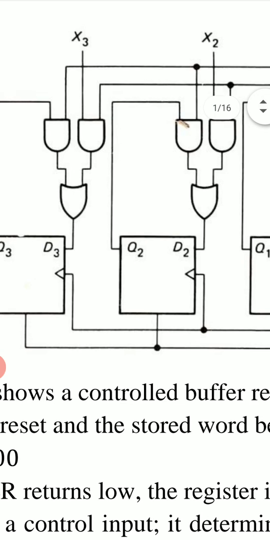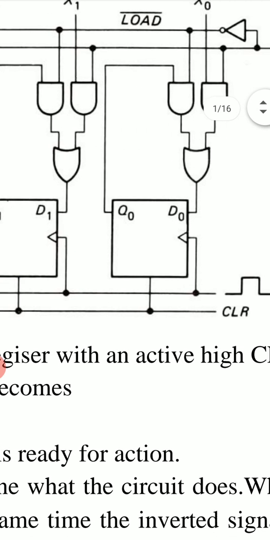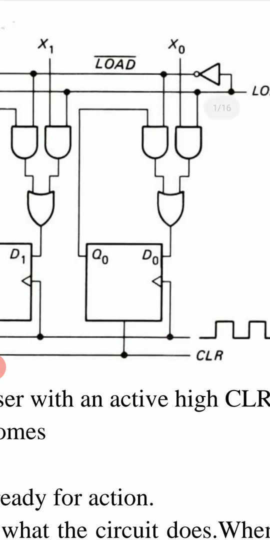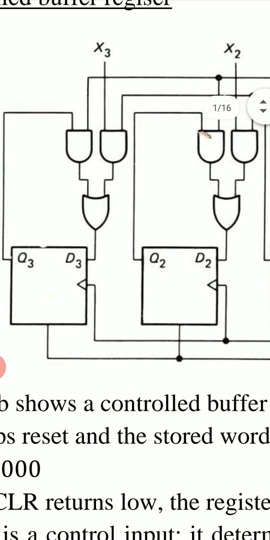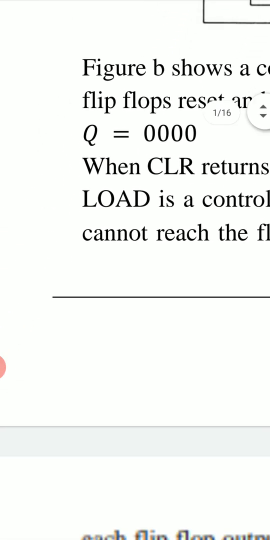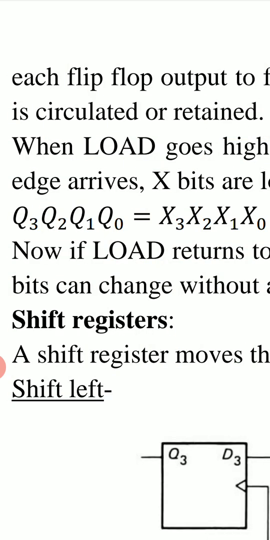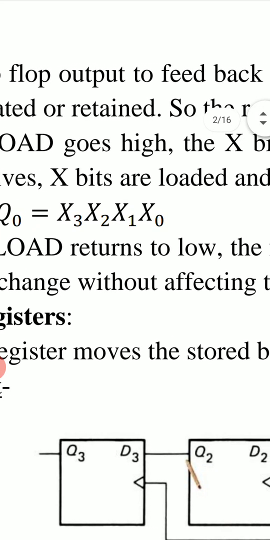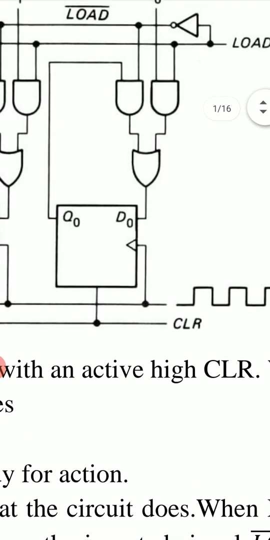And when the positive clock edge arrives at all these 4 D flip-flops, the output Q0 now becomes X0, Q1 becomes X1, Q2 becomes X2, Q3 becomes X3, and the output word now becomes Q3, Q2, Q1, Q0, which will be now X3, X2, X1, X0. And it is for high load, when this load is high.